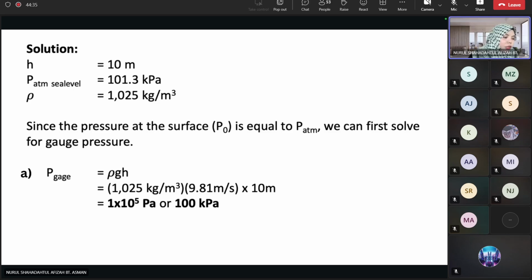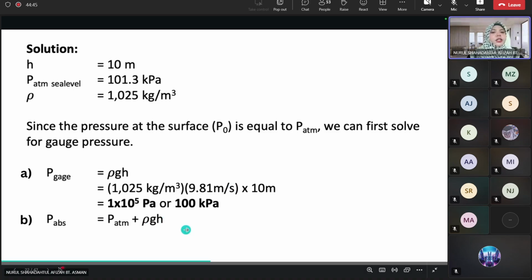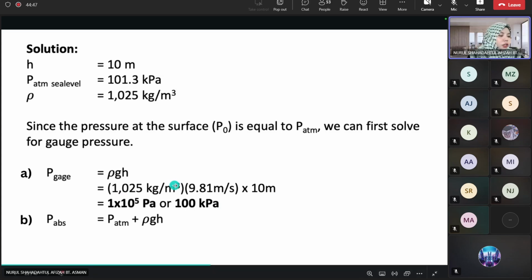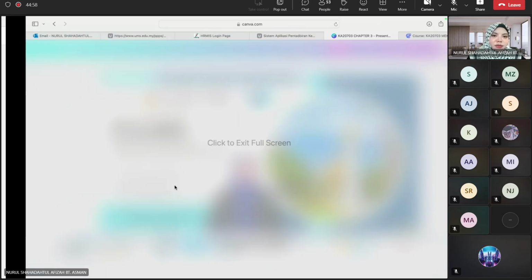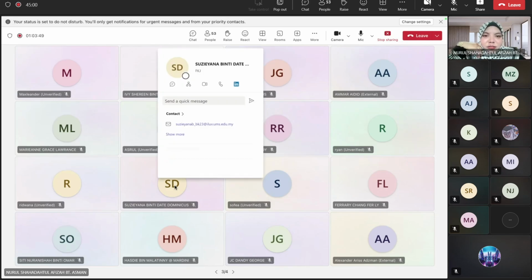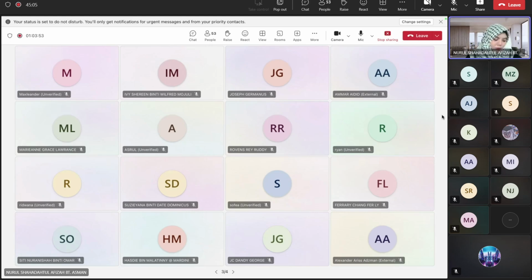So question untuk B, determine the absolute pressure is atmospheric plus inilah 100 tadi. Dapat sudah, Sofia? Berapa? Belum, tengah mengira.